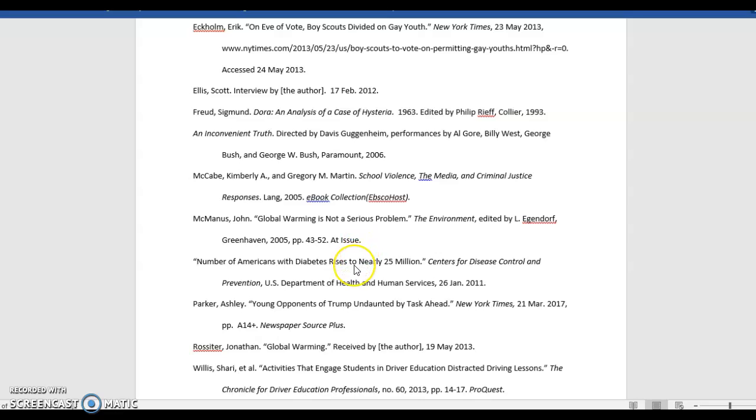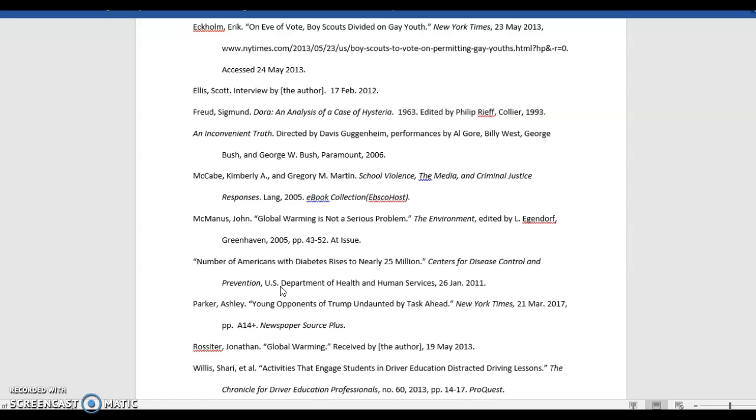The next piece is an article from a government website, pardon me. Number of Americans with Diabetes Rises to Nearly 25 Million. Centers for Disease Control and Prevention, that's the name of the website. In this case, and this is unusual, often the names of websites and the sponsoring organization are the same, but in this case they're not.